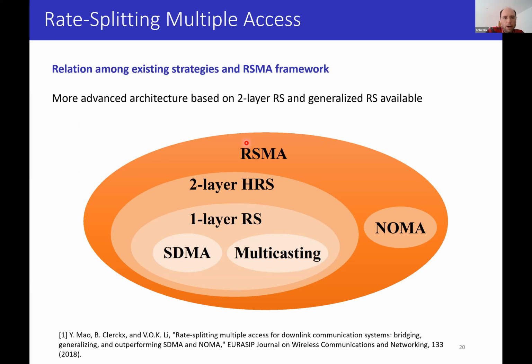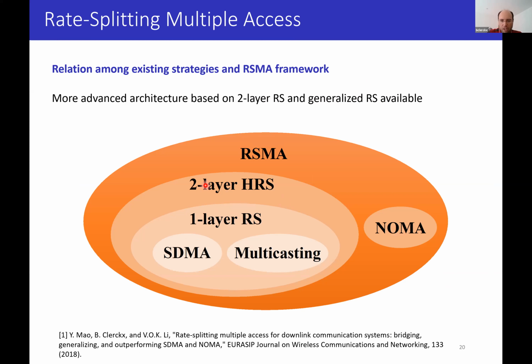Right, so there are some more advanced architectures where you do multiple splits of the messages and you can have more than one SIC at the receiver. This is what is called two-layer or hierarchical rate splitting, or generalized rate splitting. The bottom line is the following: if you do one-layer rate splitting, which is the simplest architecture I showed you, SDMA and multicasting are just subsets of that architecture.